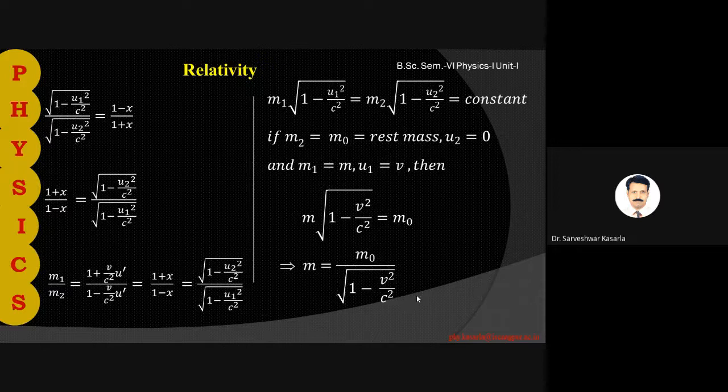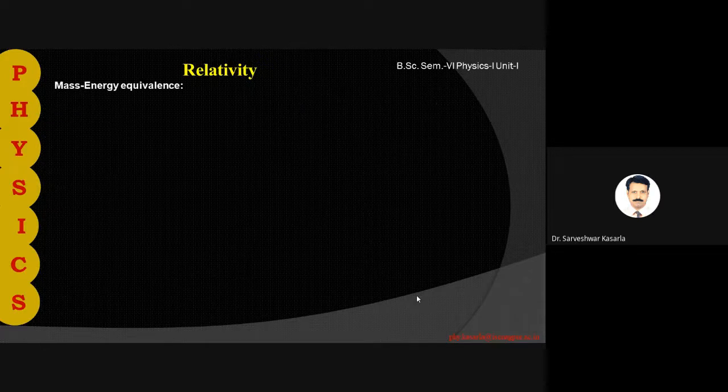Now then we'll see the mass energy equivalence. So we know that force is nothing but the rate of change of momentum, that is F is equal to d by dt of mv.